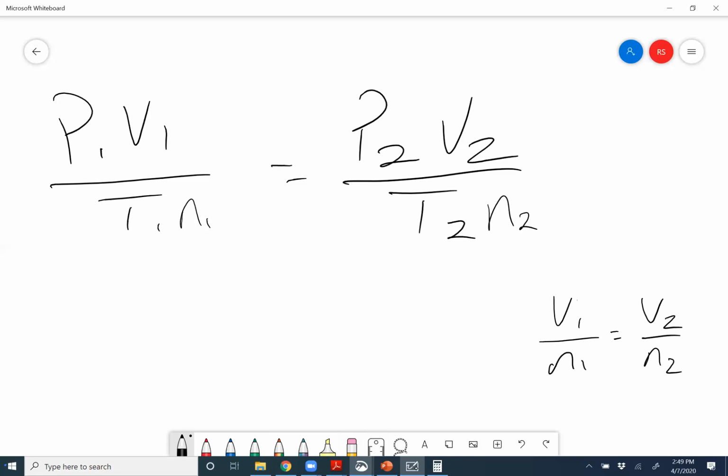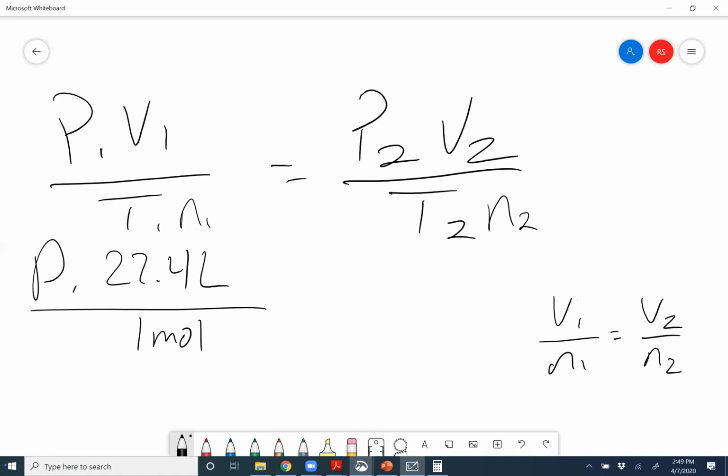So if V1 and N1, if we just substitute those for the molar volume of gas, then we don't actually have to measure those two things.